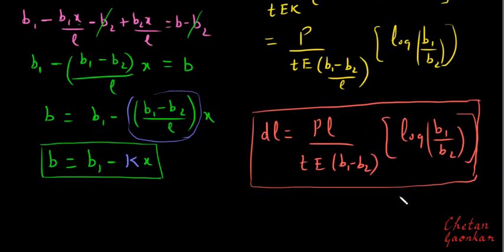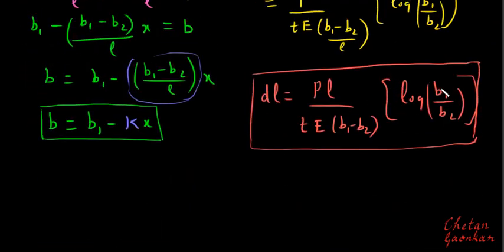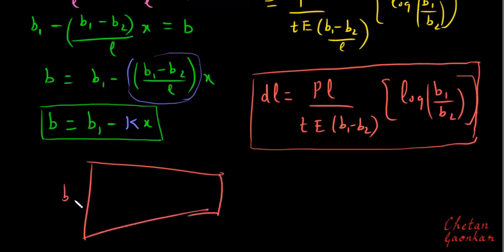And let me remind you, in this case the cross section was a rectangular cross section, alright? So whenever we have a bar of rectangular cross section whose cross section is varying continuously over the length, in this kind of bar we can calculate the deformation as this, wherein B1 is one end, B2 is the smaller end of this bar, T is the constant thickness, E is the Young's modulus, P is the applied load, and L is the length.